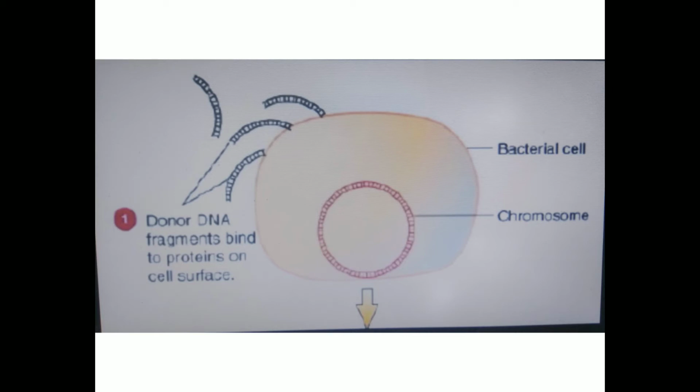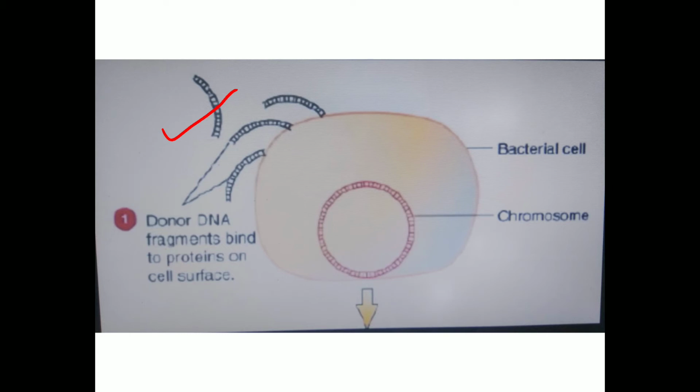In the first step of the transformation method, donor DNA fragments bind to proteins on the cell surface of the bacteria. As we know, the donor DNA from the other bacteria is double stranded. During the transformation process, that donor DNA comes in contact with the cell surface of the bacteria.